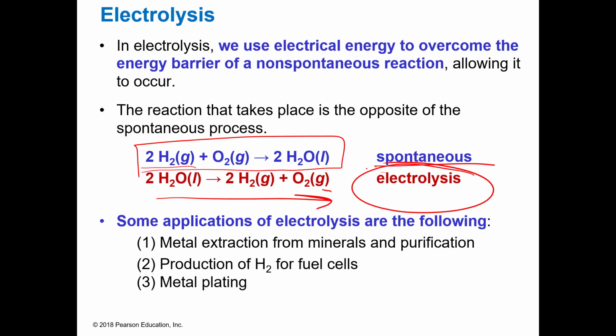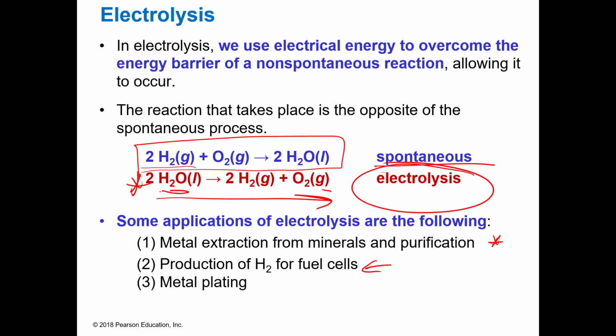Okay, some applications of this. This is one way that we get metals from impure metals, or minerals, where we get them out of the ground. They've got all kinds of stuff in them, and we can use electrolysis to pull those metals out. Another is producing hydrogen for fuel cells. This is one way we do it.